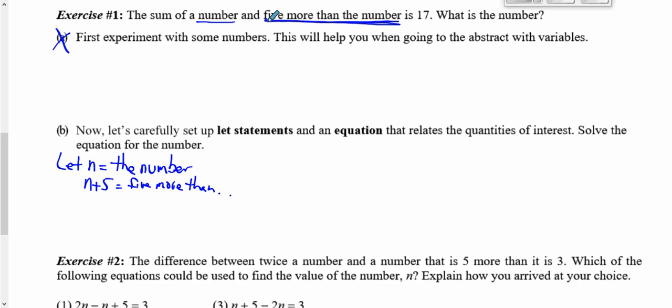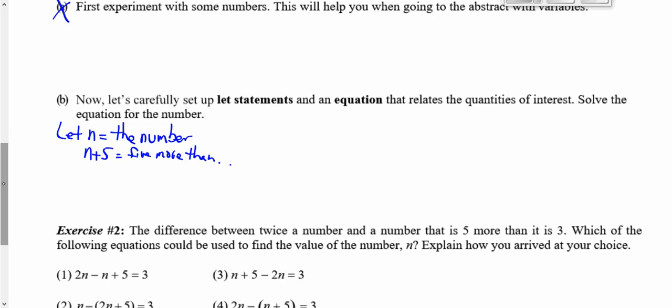Technically, yes. But it won't make any difference here because we're adding it. If we were subtracting it, it would. But that's a good question. So what do we write, guys? N plus n plus 5. So this is the sum of a number and 5 more than the number, okay?